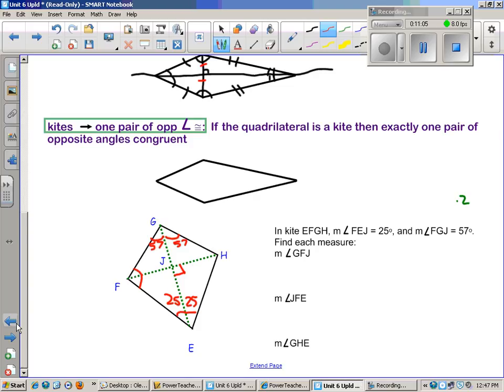These two, if I had this plus this plus this, would that give me one triangle? So that'd be 180. So 57 plus 25 plus x is 180.